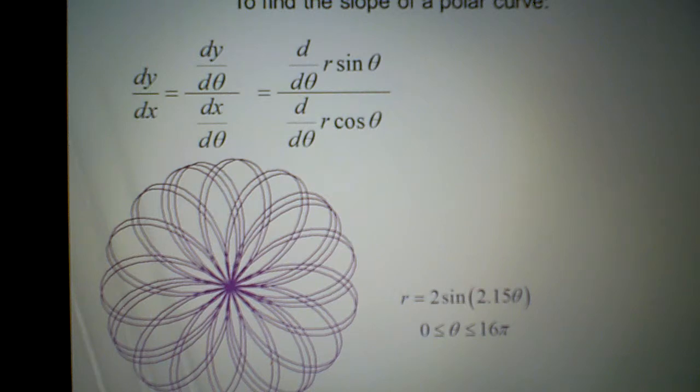So if you look at this, the derivative of y with respect to theta, in polars, y is the same as r sine theta, and the derivative of x with respect to theta is the derivative of x with respect to theta.